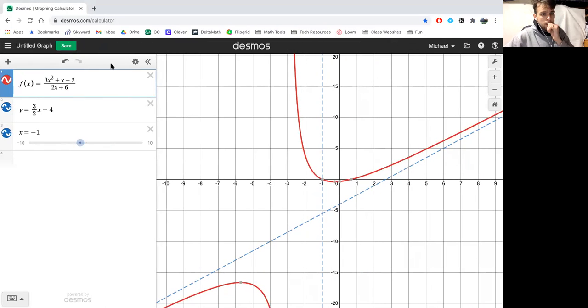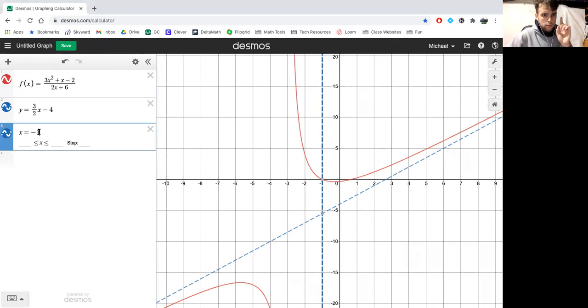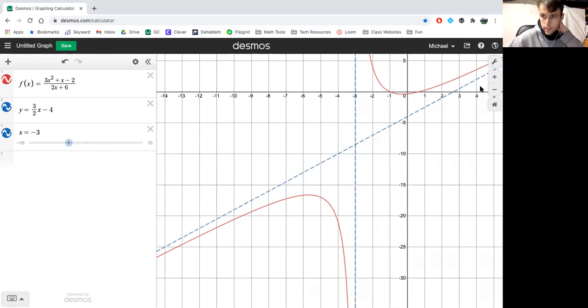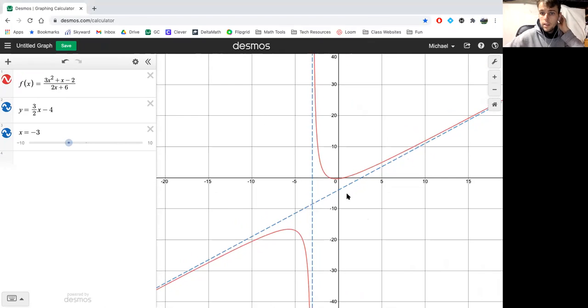Okay. There would also be a vertical asymptote at negative 3. Okay, cool. Yeah, looks good. We can see that the graph is approaching both our slanted asymptote that we just found and x equals negative 3. I got that by kind of quickly solving what would make this equal to 0.